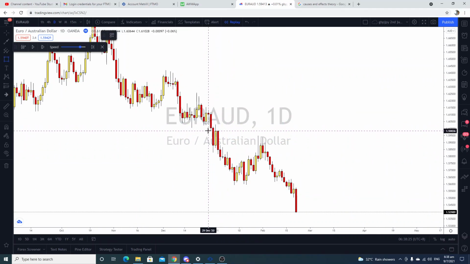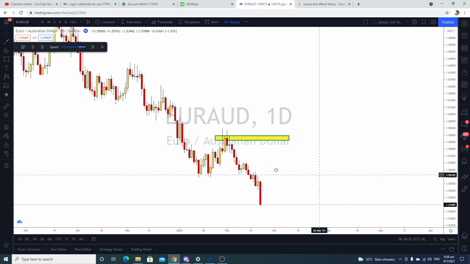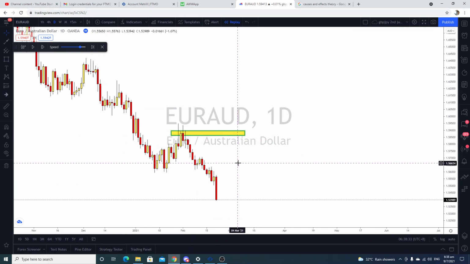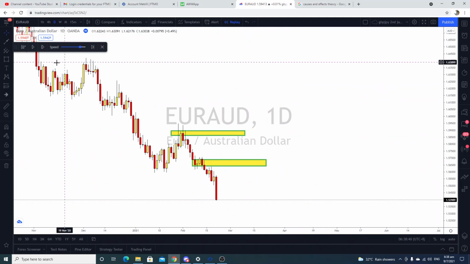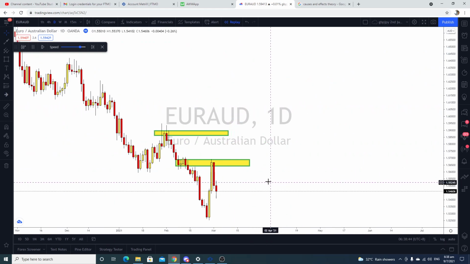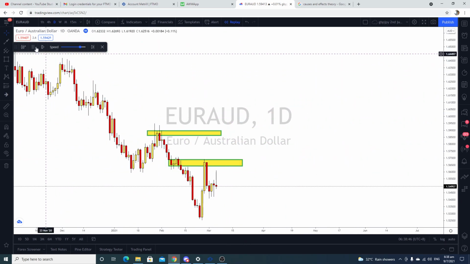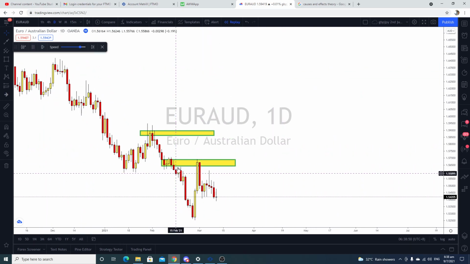Say for instance, let's say there is a resistance here. It's a resistance here. So look left, if price comes back, we go for a sell, right? In this case, you're lucky. You get it? Right? Look left.